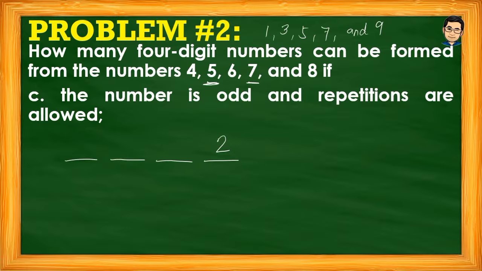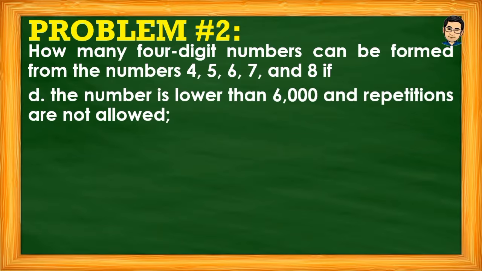So, since 5 po yan, ilalagay po natin lahat 5. And then, imumultiply lang po natin yan. So, 5 times 5, 25, times 5, that is 125, times 2, 250. So, 250 na 4-digit numbers po ang pwede nating mabuo na odd numbers, tsaka umuulit yung mga numbers.